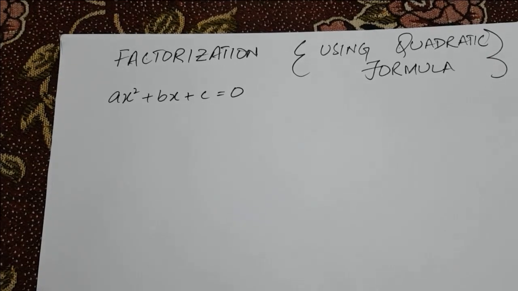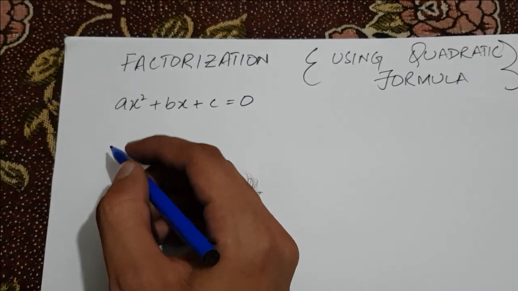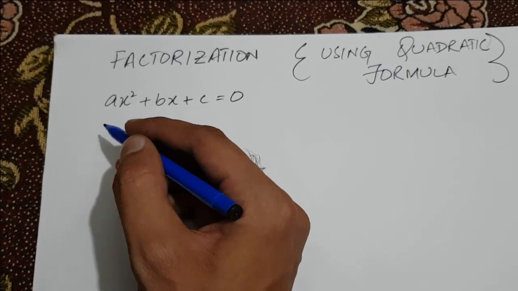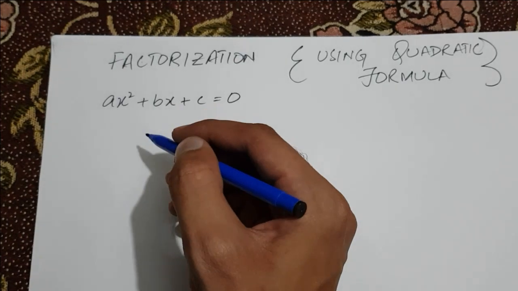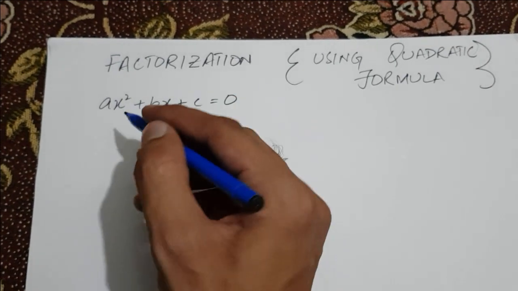We start solving this equation by simply using the completing square method, which we have already discussed in my previous video. Here we will just apply that method to find the quadratic formula.